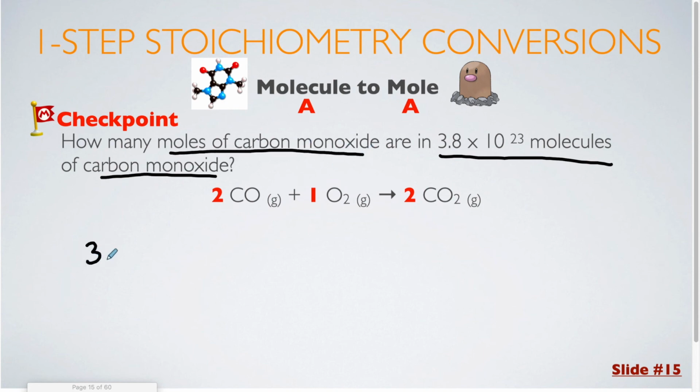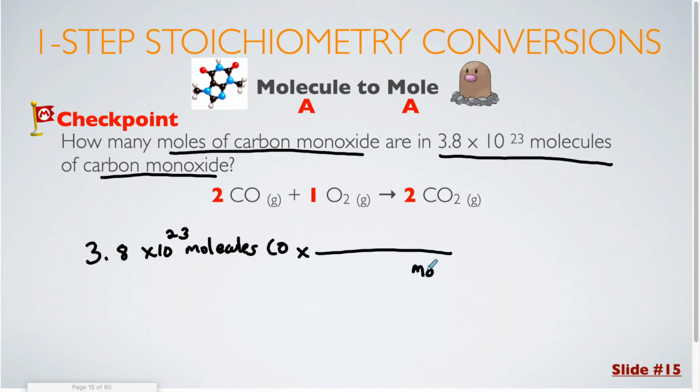So I'm always writing down whatever we're starting with, so 3.8 times 10 to the 23rd molecules of CO. Molecules of CO is going to go on the bottom so that it cancels, and then my moles of CO are going to go on top. 1 mole is going to be equal to Avogadro's number, 6.022 times 10 to the 23rd molecules.